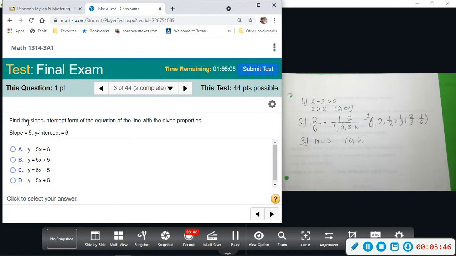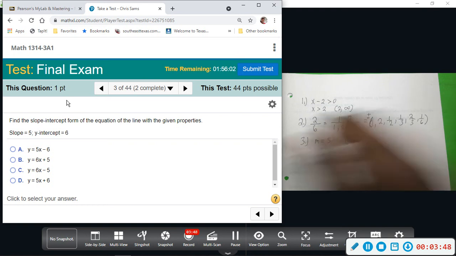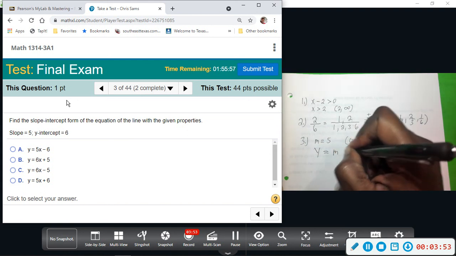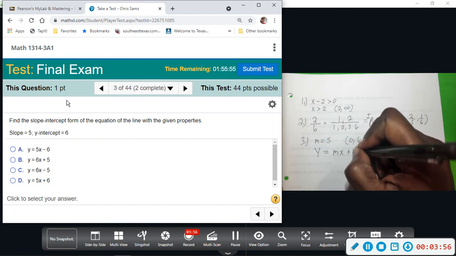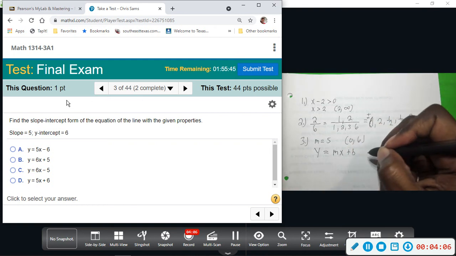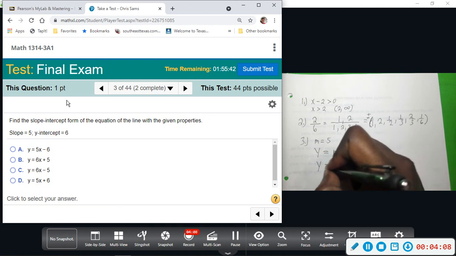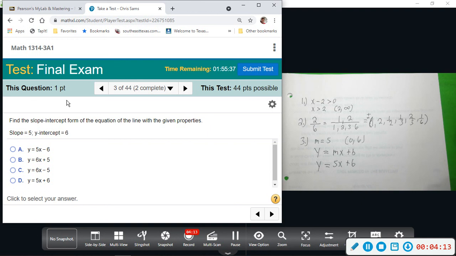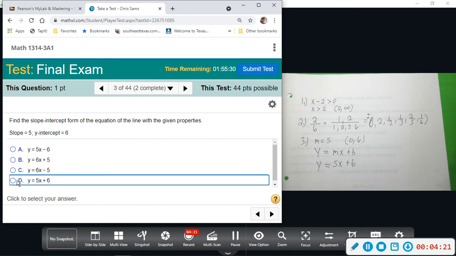They're telling you slope intercept form, which is y equals mx plus b, where m is the slope and b is the y-intercept. So all we need to do is plug the 5 here and the 6 right there for our y-intercept. So slope intercept form, y equals 5x plus 6. And so the answer choice that matches y equals 5x plus 6 would be D.